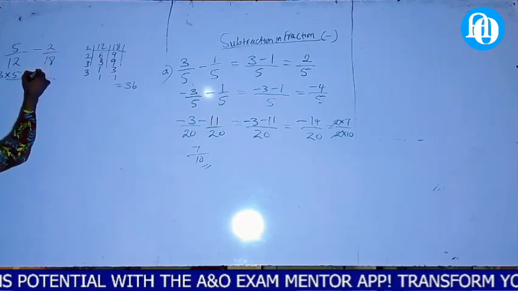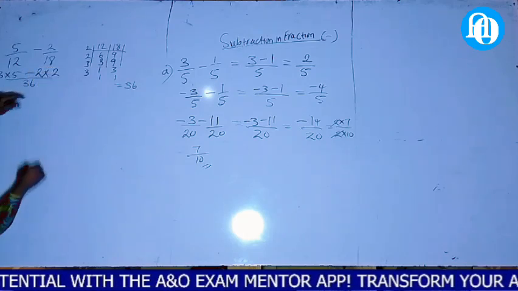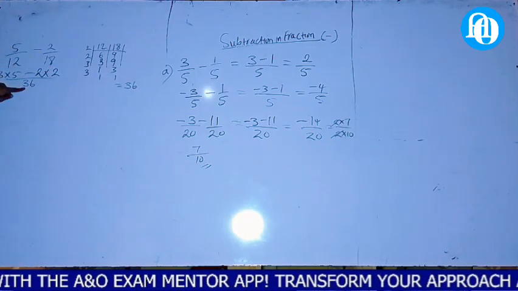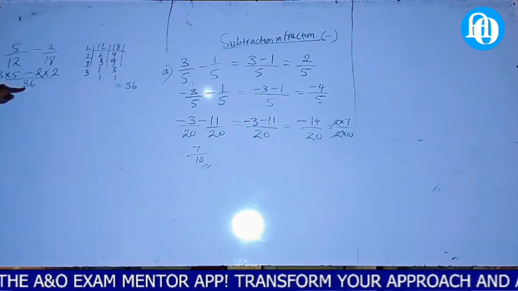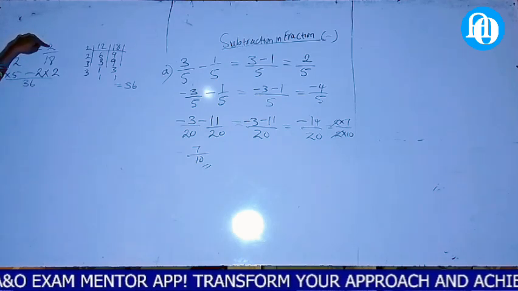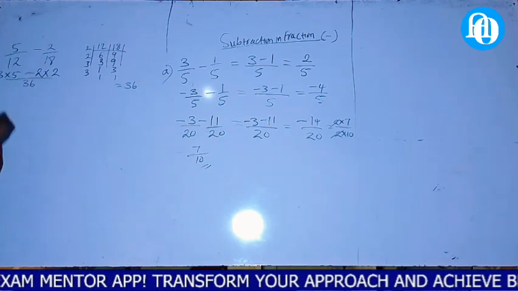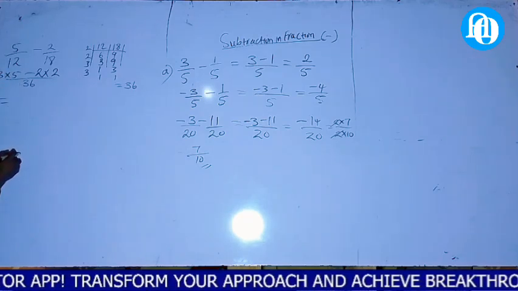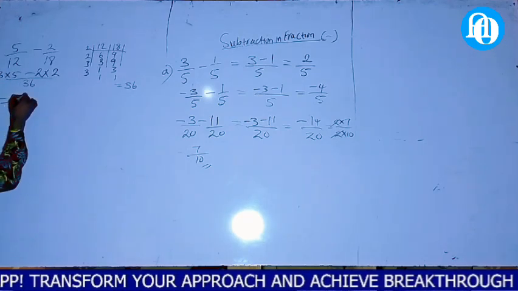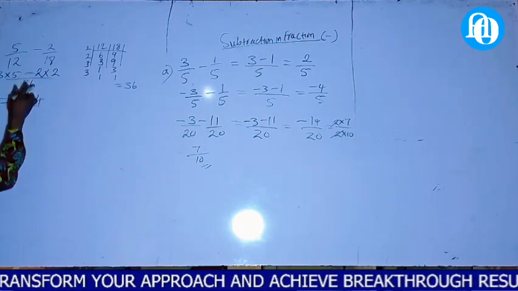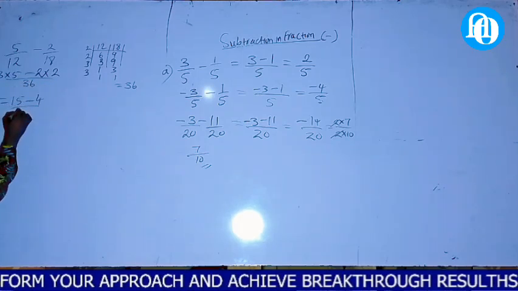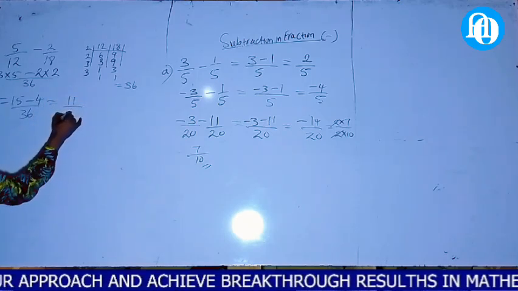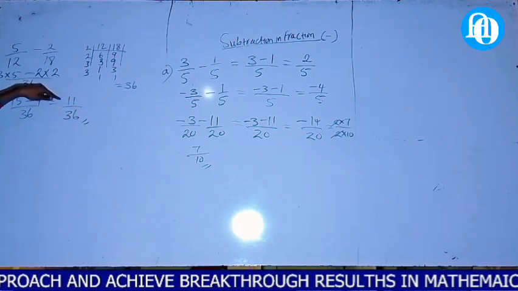Now, times this, 2 times 2 on top. This one times this is what? 15. Now 4. This one is 36. This one minus this is what? 11 all over 36. That's the answer.